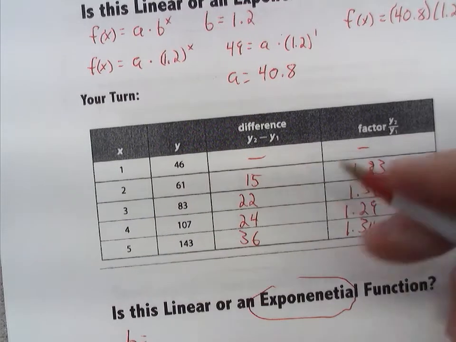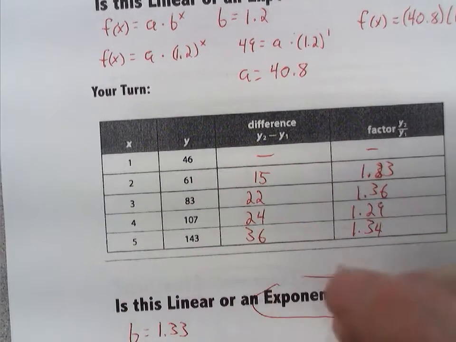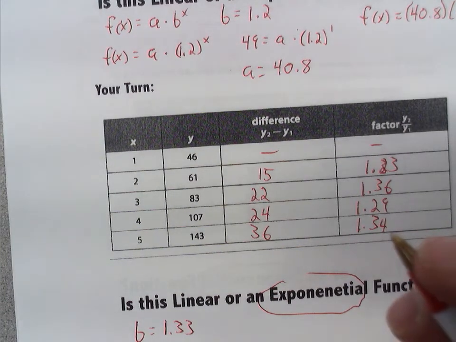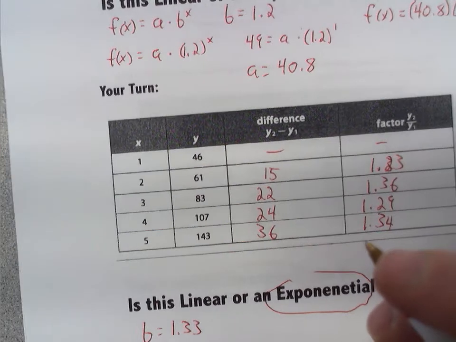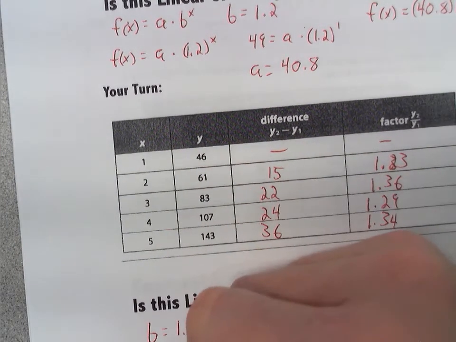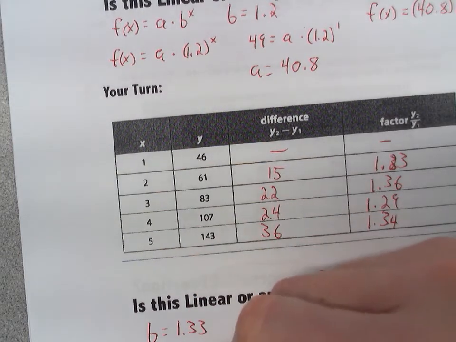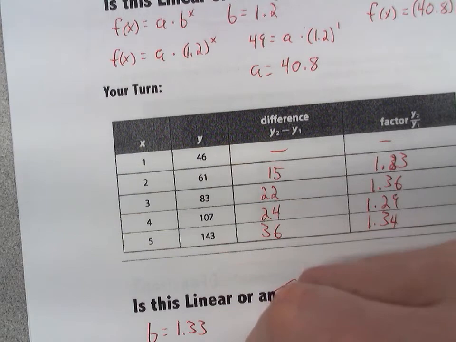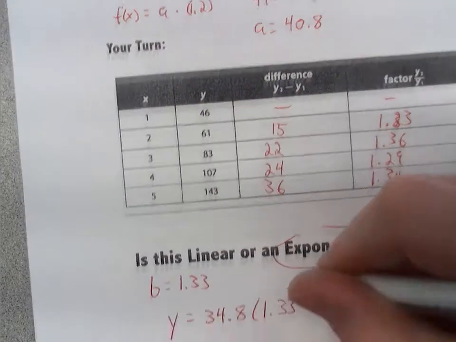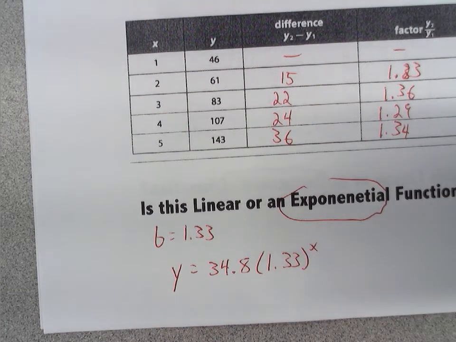We know b, if we average these numbers together, b is going to be about 1.33. And then we can go through, plug in some points, and I believe f of x is going to equal about 34.8 times 1.33 to the x power.